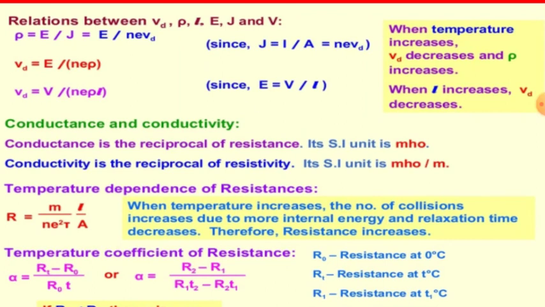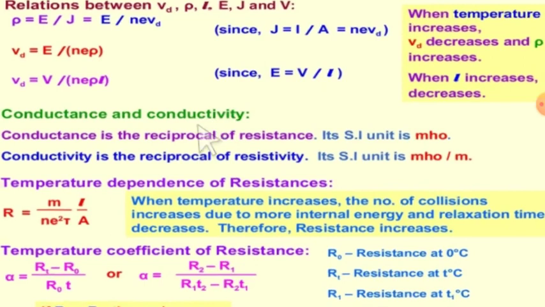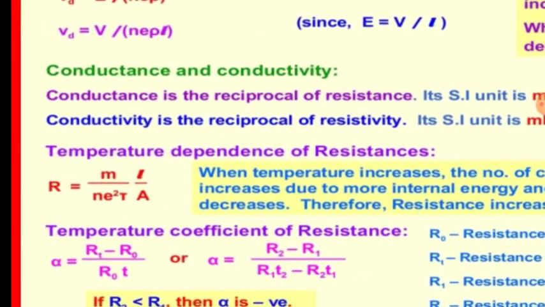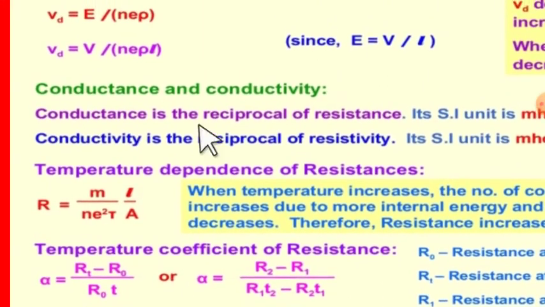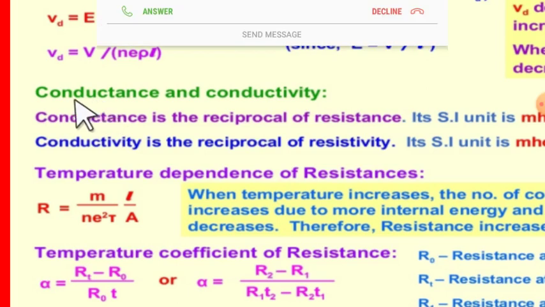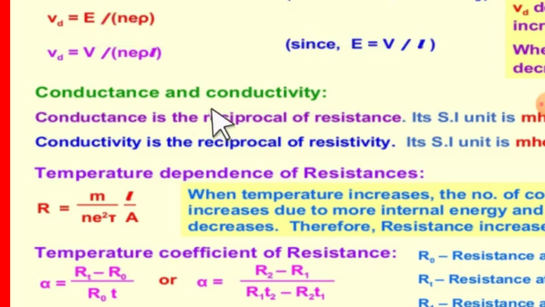Now let's see, in the case of conductance, what is meant by conductance and conductivity. You know, the reciprocal of resistance we call conductance, and the reciprocal of resistivity we call conductivity.